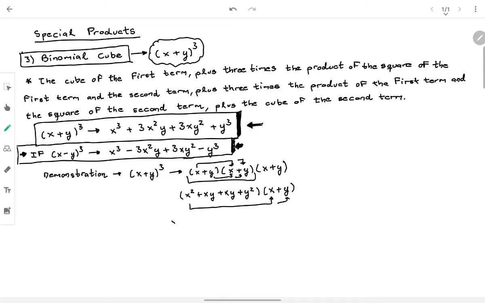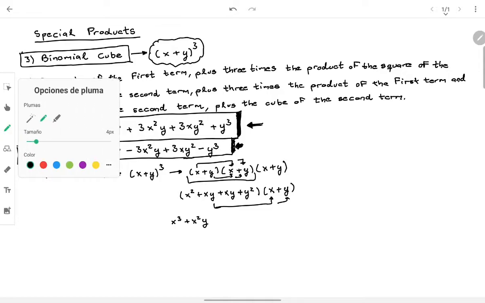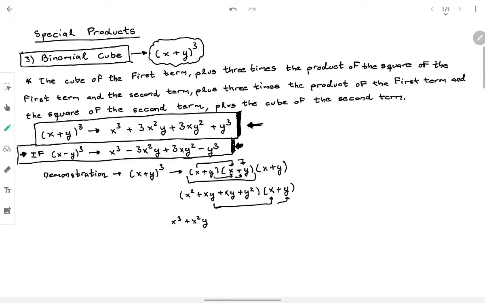So it's going to be x cubed plus x squared y. Then it's going to be like multiplying the second term by the second parenthesis. So it will be plus x squared y plus xy squared.